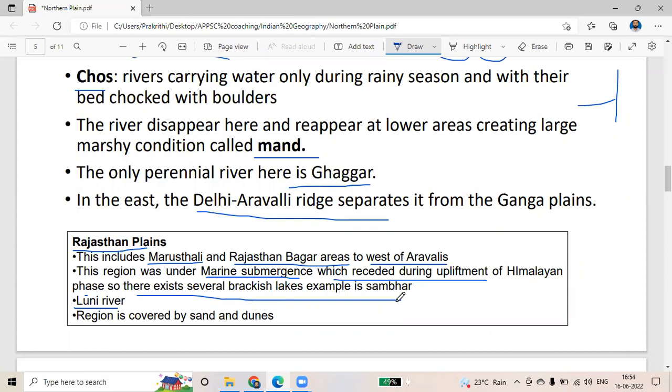That was already a sea, and we know that the sea has salty water. So the lakes which exist in this Marusthal also got the same characteristics. That is brackish in nature. The important lake is the Sambar lake.